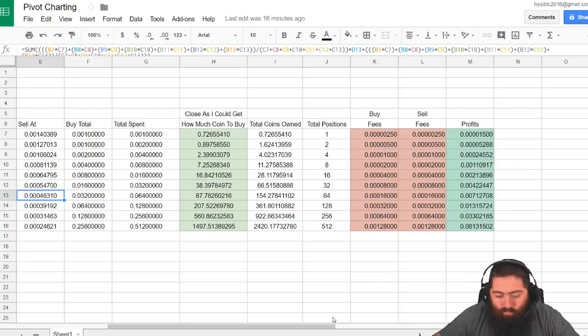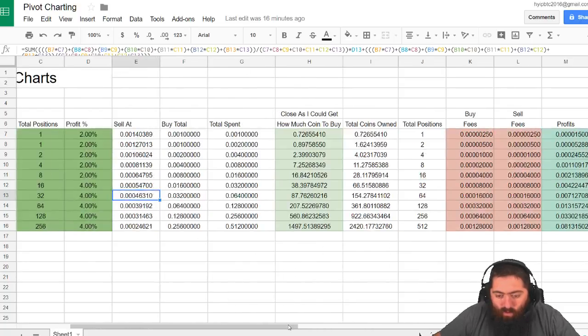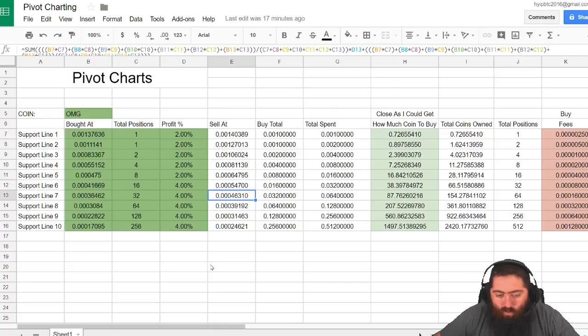The buy fees take into account that you have now bought twice. Yeah, it takes the fees out of the total amount you spent. So if you're buying one position, that many coins, it's going to take the fees out of that.